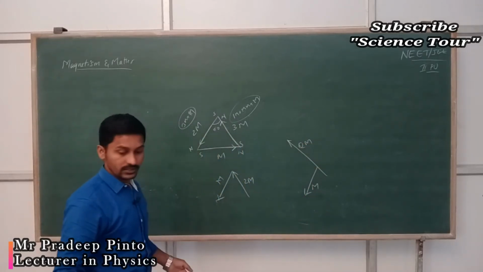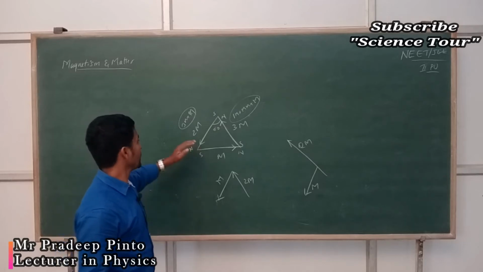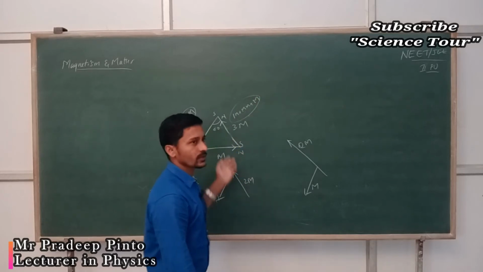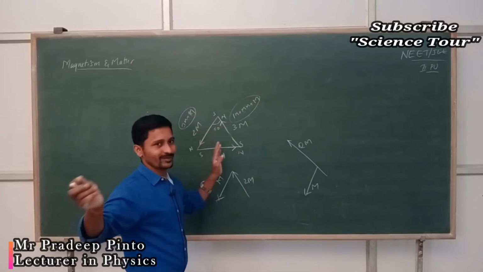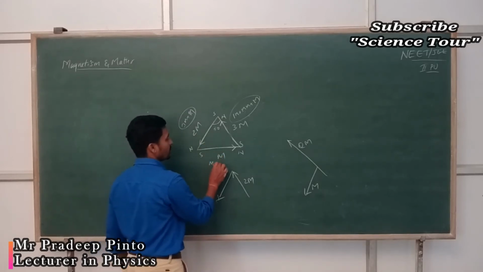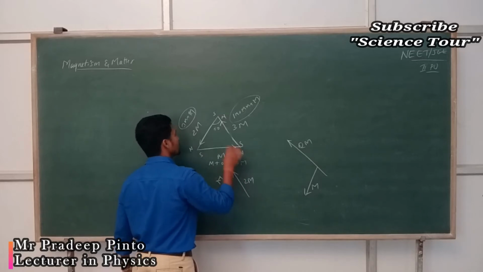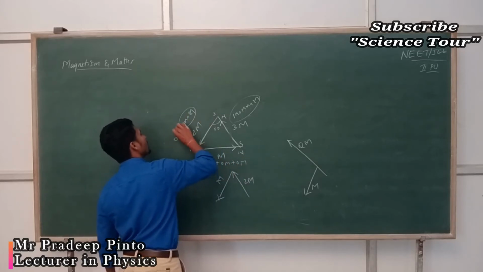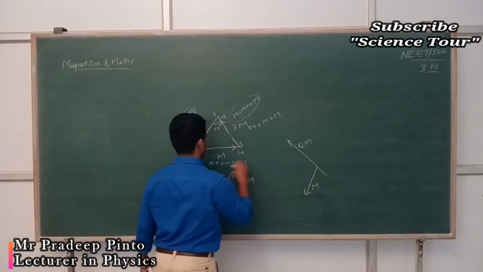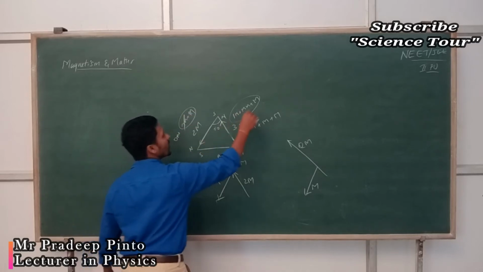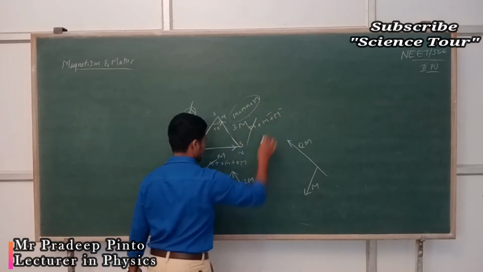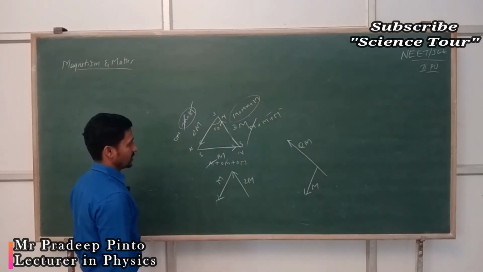So I can write m plus m, and 2m plus m, and m becomes 0 because that one is made 0. If I write m plus m plus m, it means a closed loop like this. So 1m is there, 2m is there, I can write down in this way.